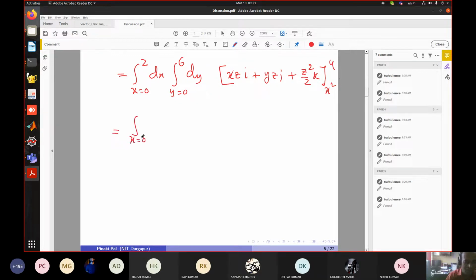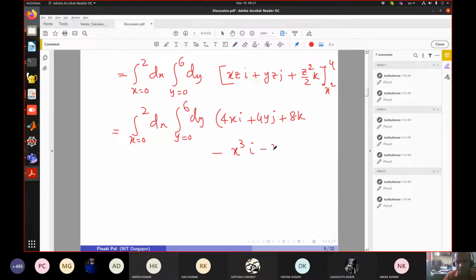You will get x equal to 0 to 2 dx, y equal to 0 to 6 dy, and if we put 4, we'll get 4x i plus 4y j plus 16 by 2 k, which is 8k, minus, if we put x square, we'll get x cube i minus x square y j minus x to the power 4 by 2 k.